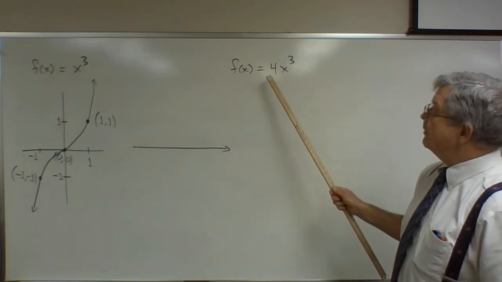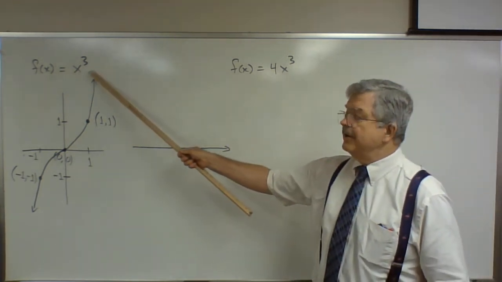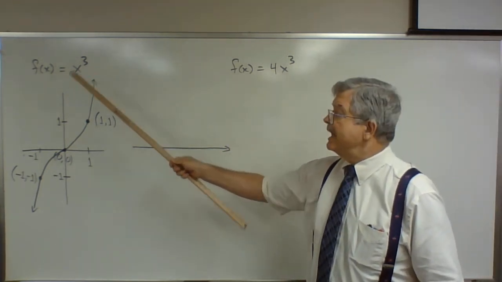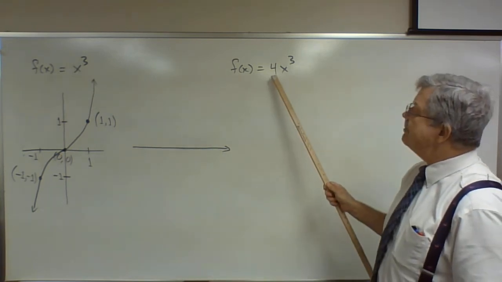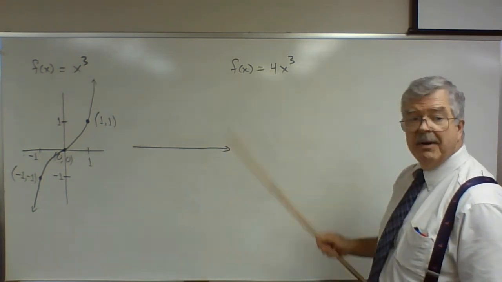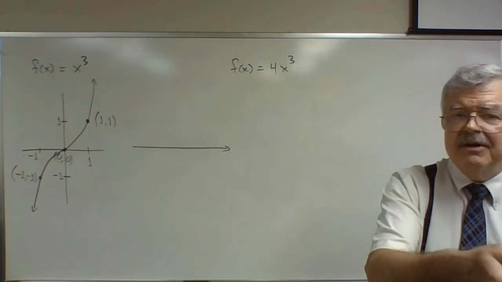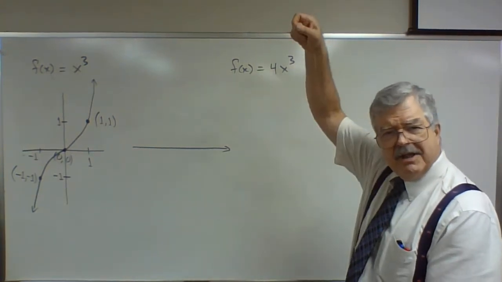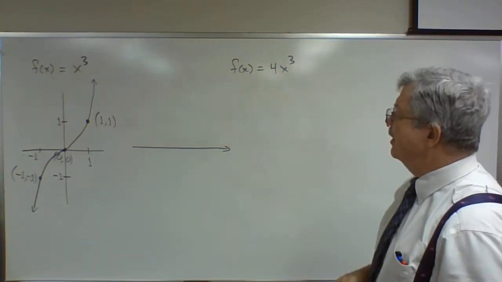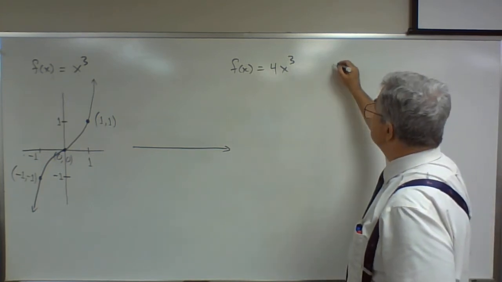Well, now we have a variation of the original function. We take x cubed and we multiply it by the constant 4, and that's going to stretch everything vertically by a factor of 4. Let's see how that turns out looking.